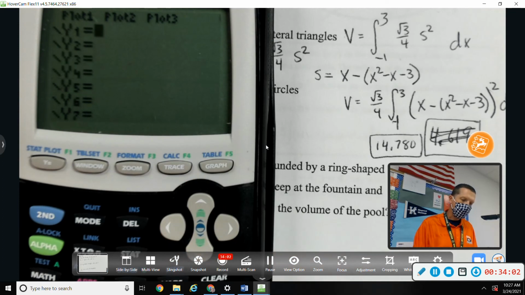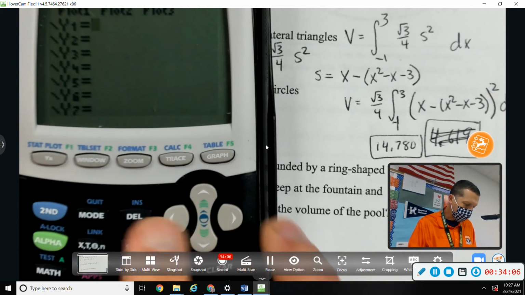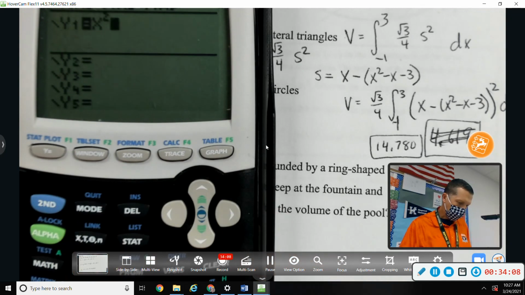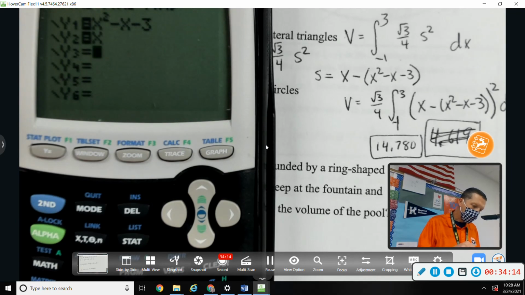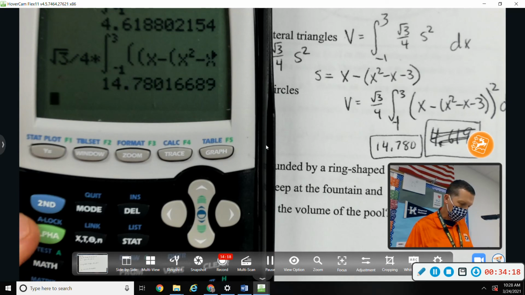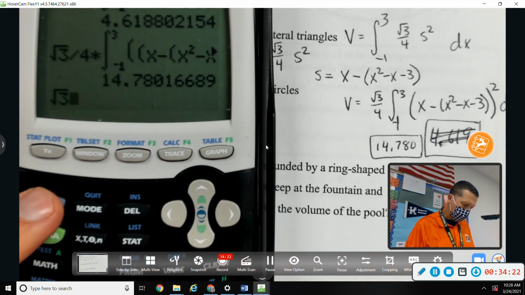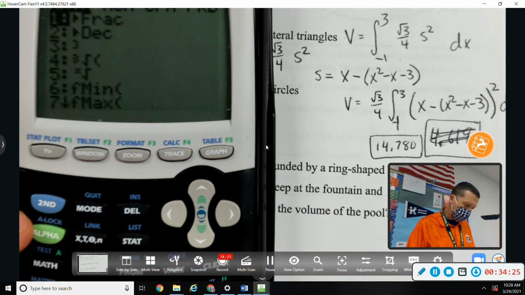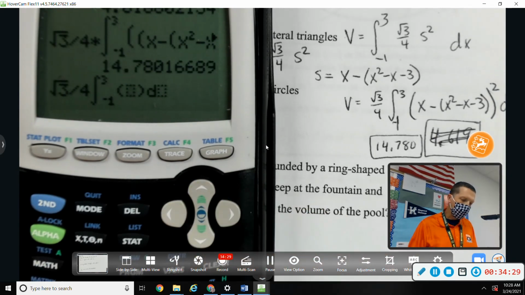We've talked about this before, but if you had put the things in the calculator to look at them, x squared minus x minus 3 and y equals x, then it might be easy to use them. -1 to 3. So now I'm just doing y1 minus y2, I think.